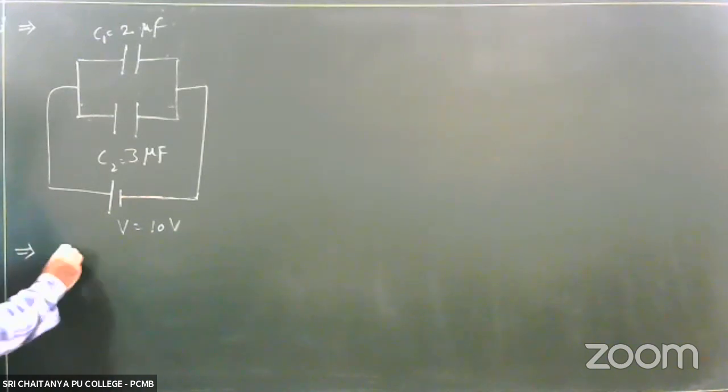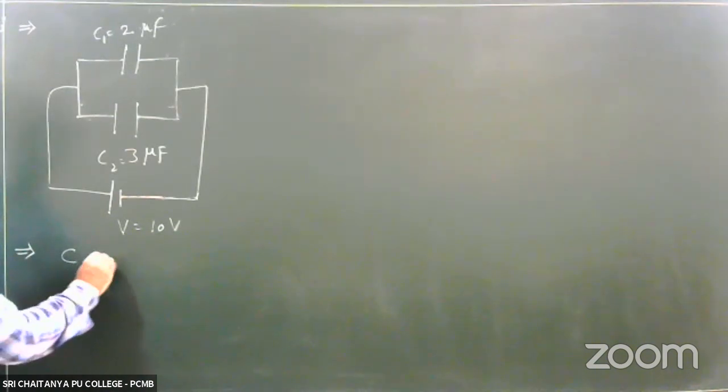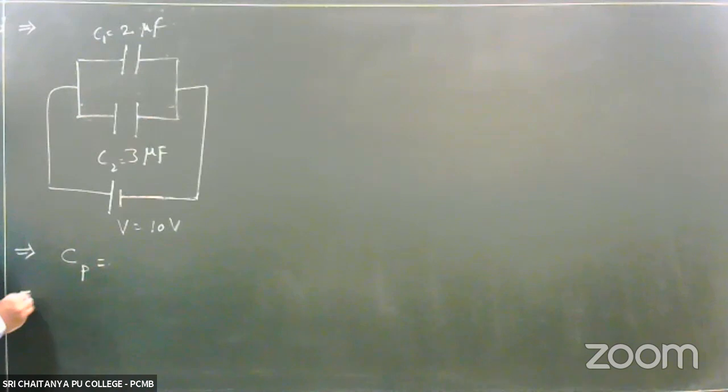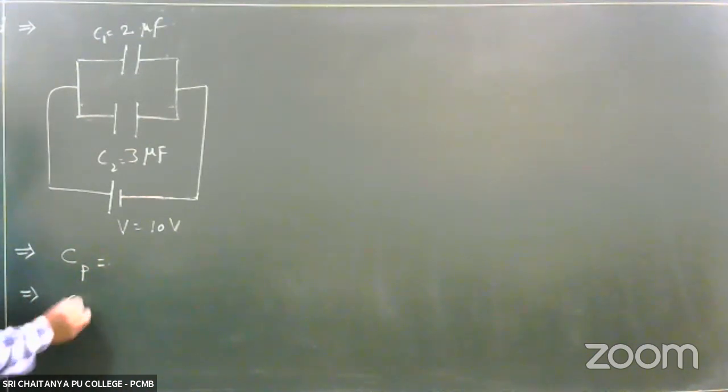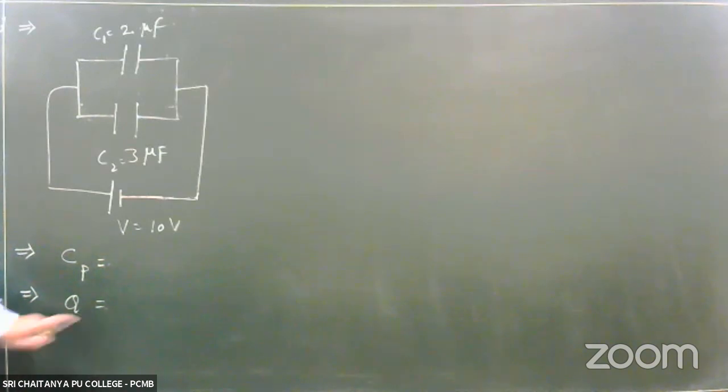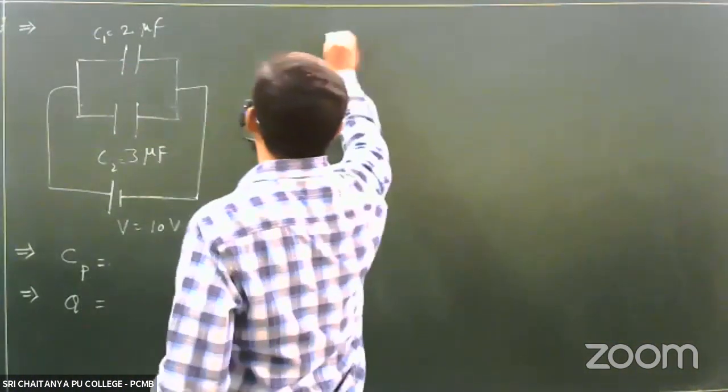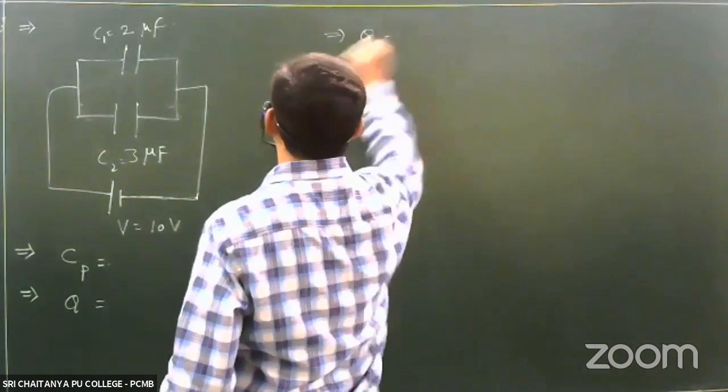First question: what is C resultant? Second question: what is the total charge in the circuit? Third question: what is the charge on the first?